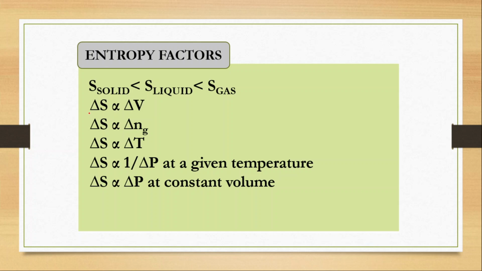Now the second one: delta S is directly proportional to change in volume. That is, change in entropy is directly proportional to change in volume. So let us consider an example.